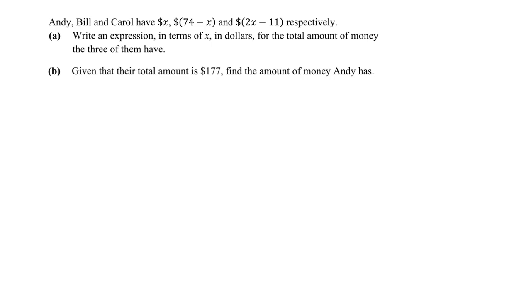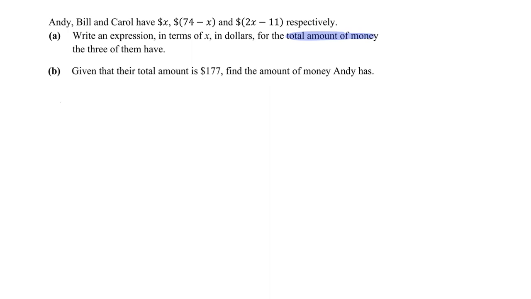Hello everyone, welcome to this question where we are given that Andy, Bill and Carol have the following amount of money respectively as shown in this video. We are required to write down an expression in terms of x in dollars for the total amount of money they have.